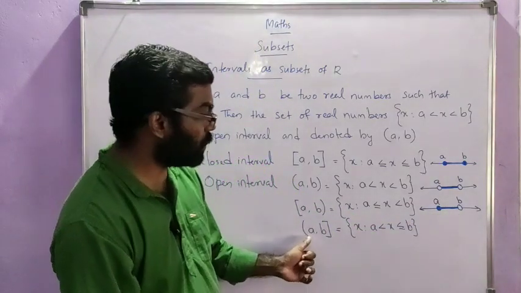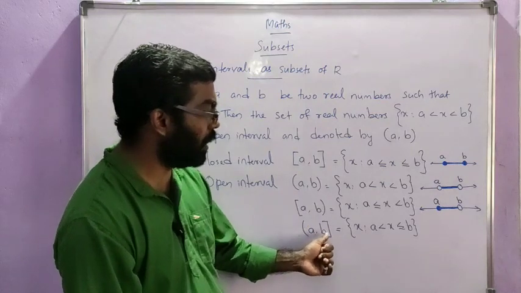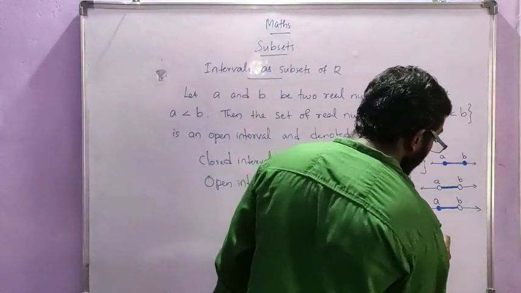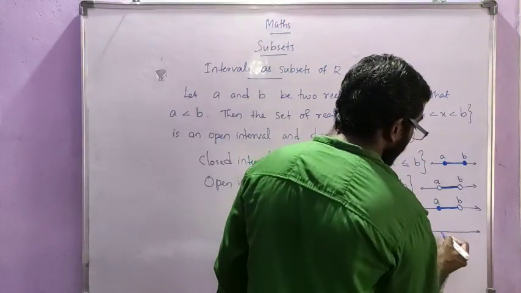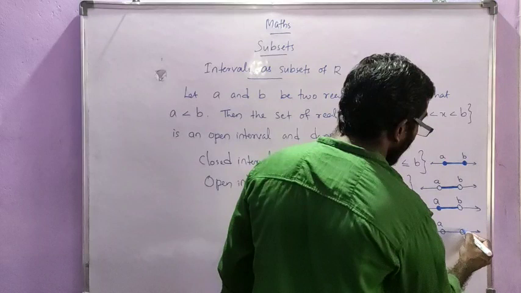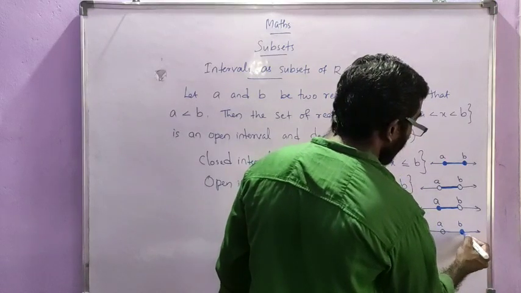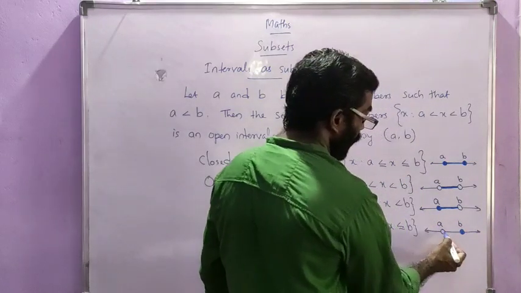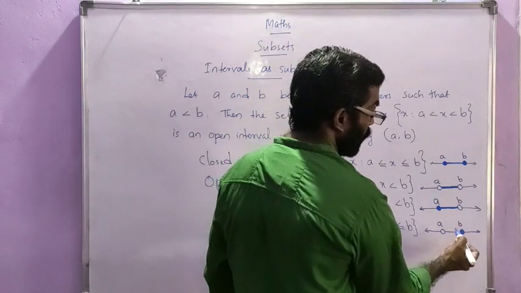Okay, and the last one is open interval a b closed. So take the point A, then another point B. B is included, so we can darken, and A is excluded, so just put a circle.